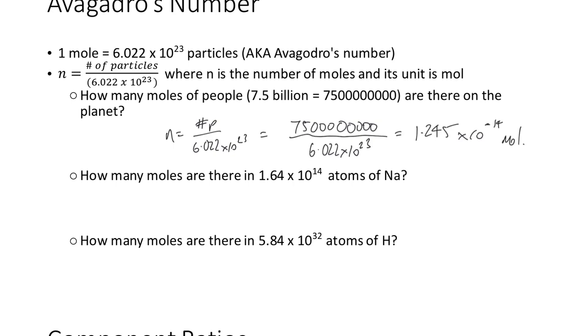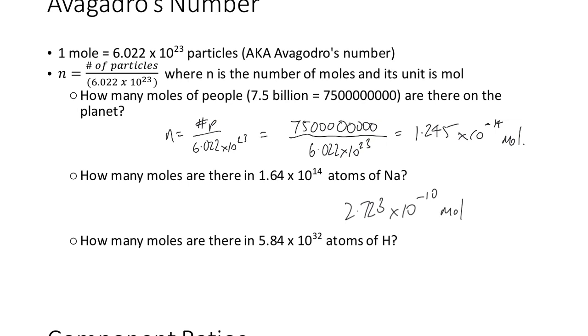How many moles are there in 1.64 times 10 to the 14 atoms of Na? Not a lot. I'm not going to write out the equation, but you should practice it yourself and make sure that you get that number. Nice small number.